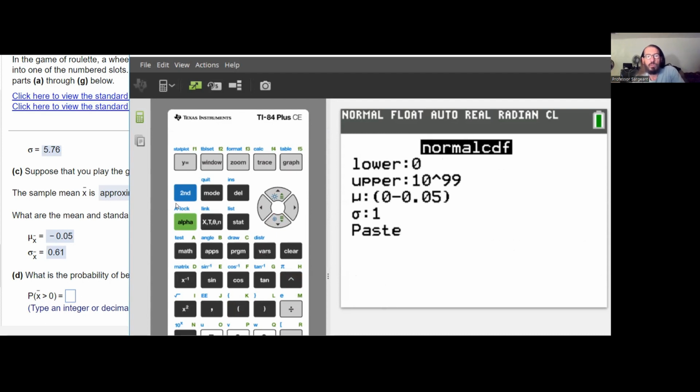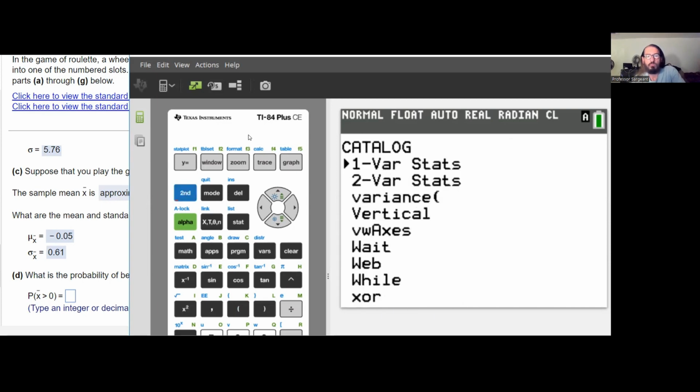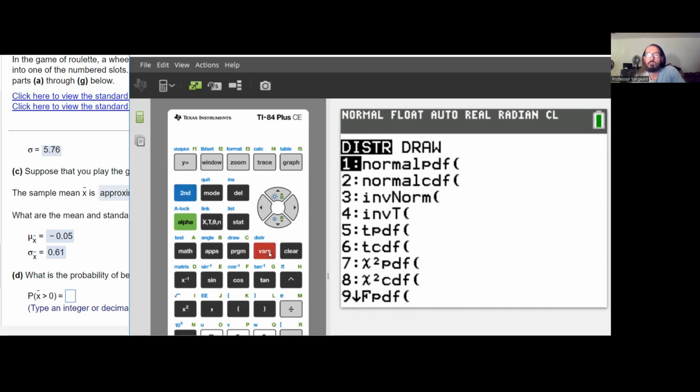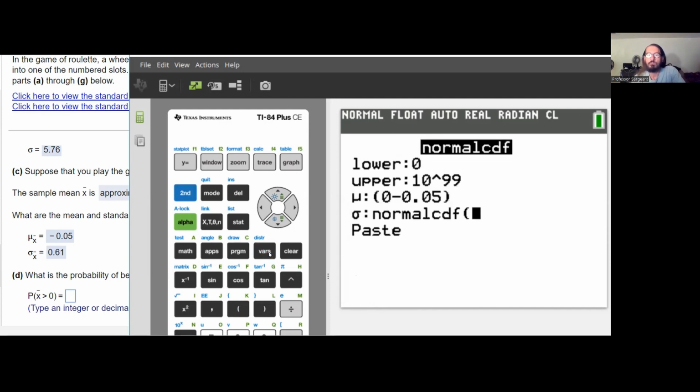I'm going to use my previous answer instead of the rounded version, and let's see what happens. Okay, can't get to it. 0.61 then. Hopefully it'll be okay to use the rounded version.